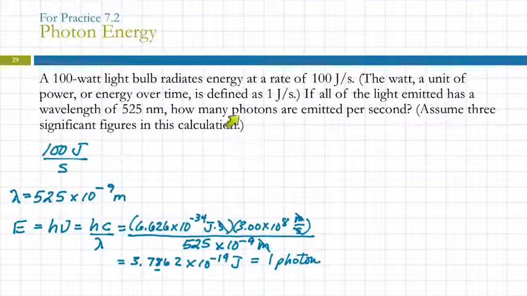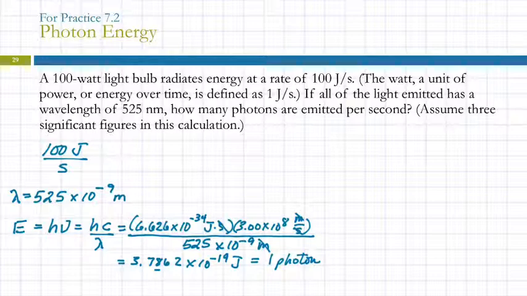So if I want to know how many photons are emitted per second, this is a rate, joules per second. How many photons do you need for 100 joules? Well, one photon is this many joules.